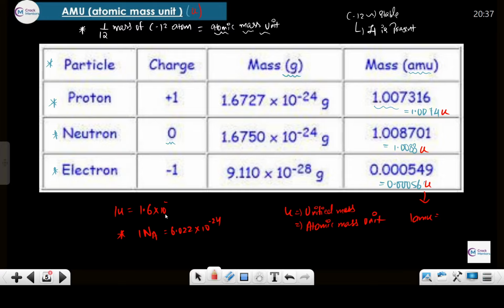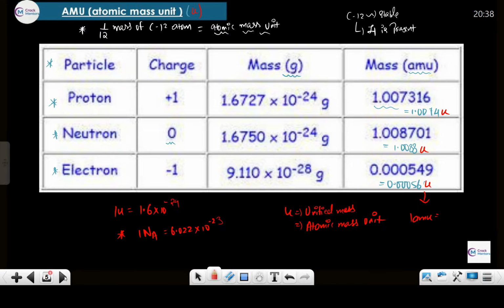So one unified mass is nothing but 1.6 into 10 to the power minus 24. Here this is 23, and this is minus 24. I'm hoping that this is clear to you.